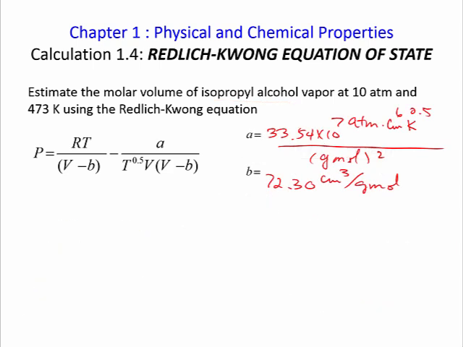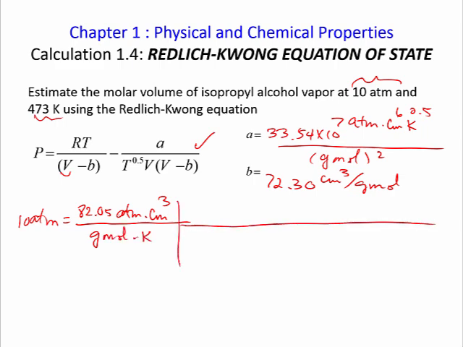With these values of small a and small b, and also having the pressure of 10 atmosphere and temperature of 473 Kelvin, we have all the values in this equation except V, so we are going to solve for V. So let's insert the numbers. 10 atmosphere equals 82.05 atmosphere centimeter cube per gram mole K multiplied by temperature of 473 Kelvin divided by V, which we don't know, minus B, which is 72.30.